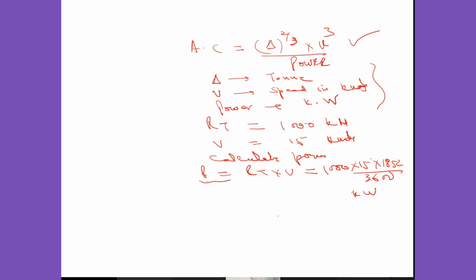Answer is in kilowatt. But if I am using this relationship, whereby delta 1 raised to power 2 by 3 into V1 cube, P1 is equal to delta 2 raised to power 2 by 3 into V2 cube divided by P2, because this is constant, so I can write this.